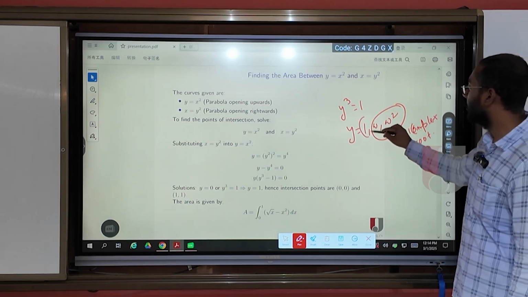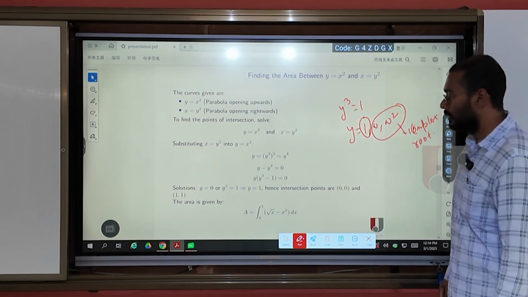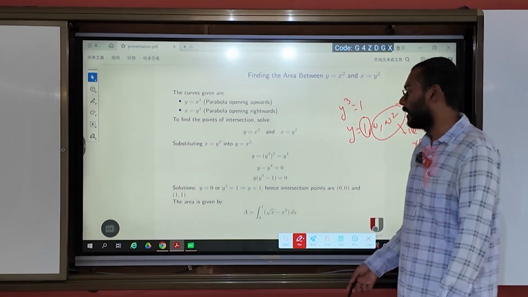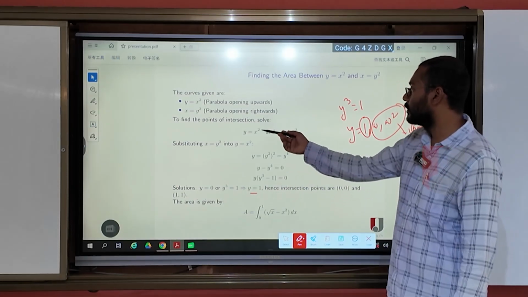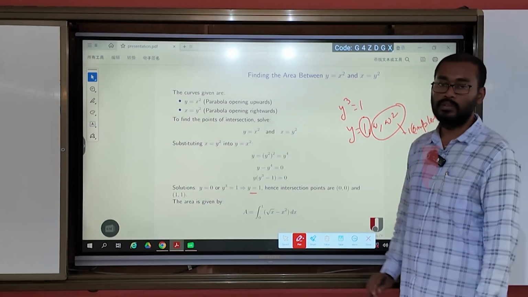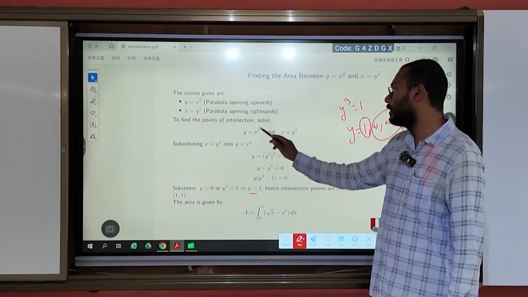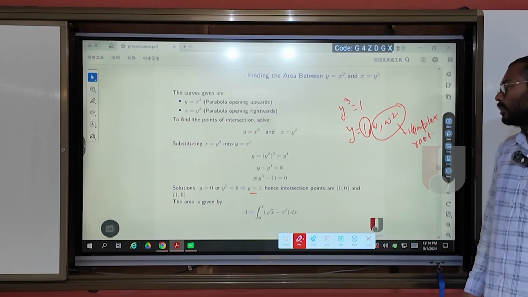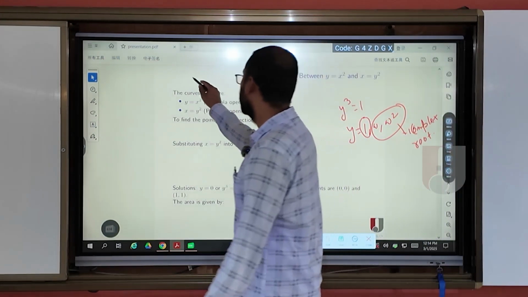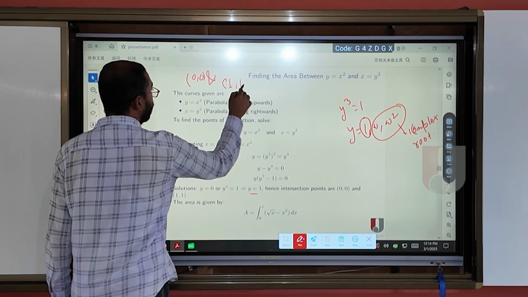We should consider only one value because x and y both are real. Now, if you get y equal to 1, then simply put it here, so you get x equal to 1. Okay, and if x equal to 0, y equal to 0, then you put y equal to 0, and we get x equal to 0. So our intersection points are 0, 0 and 1, 1.